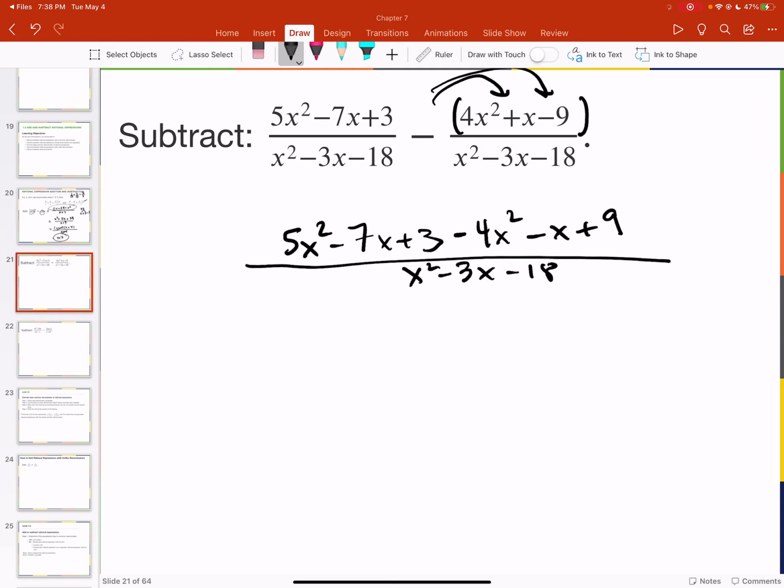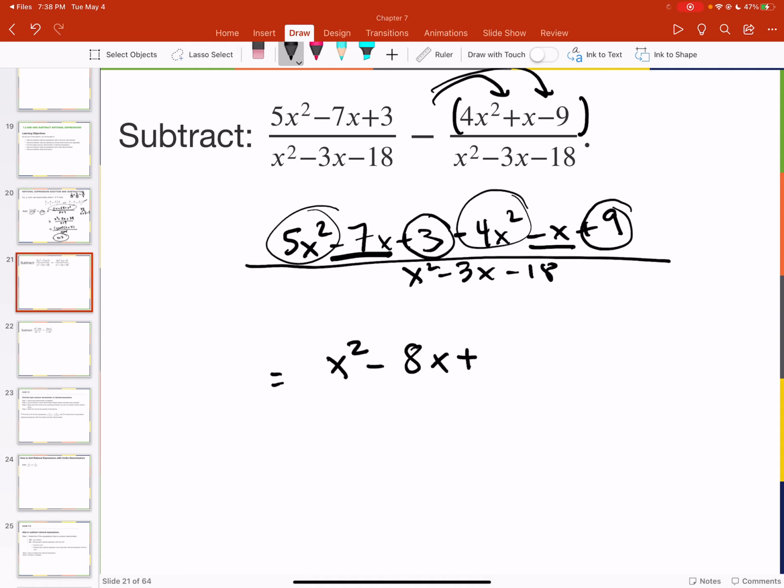So let's go ahead and combine like terms. 5x² minus 4x² is just x². Negative 7x combined with a negative x is negative 8x. And you have a positive 3 and a positive 9, so that combines to become 12. And that's all over here.